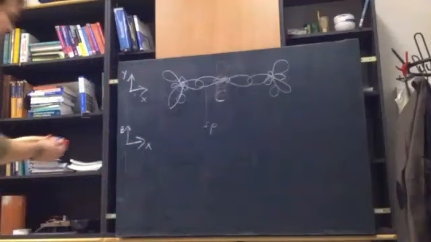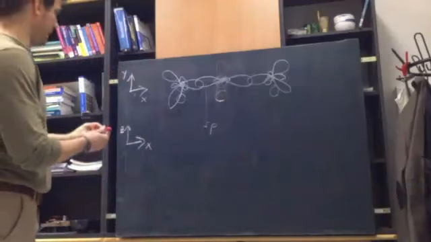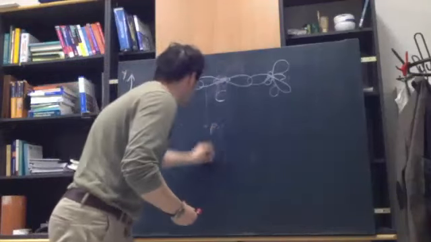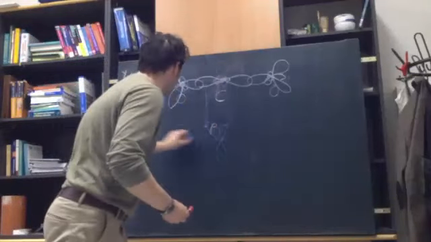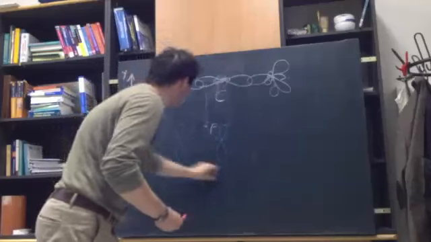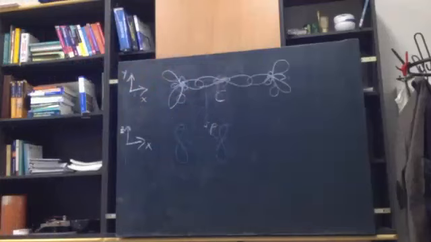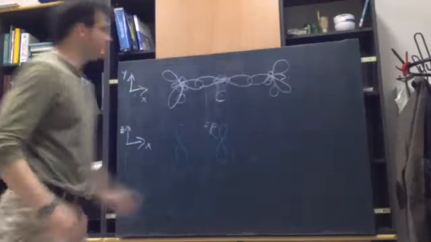Okay, so here it would look like this and this. And you see you have this type. If I blow this up a little bit, make it a bit more diffuse, you can see you have an overlap between the pi orbitals here and here.